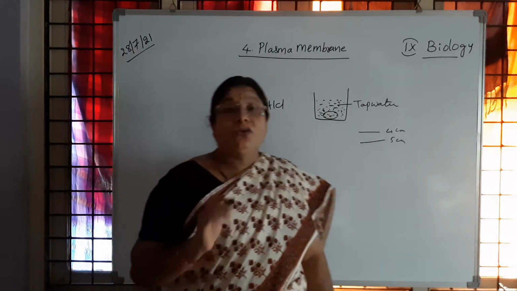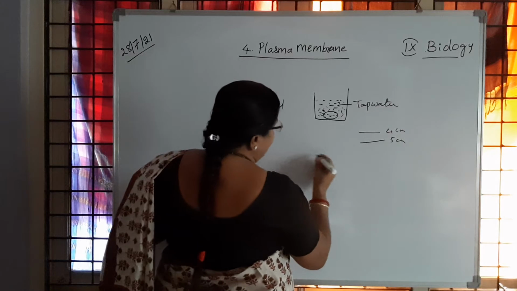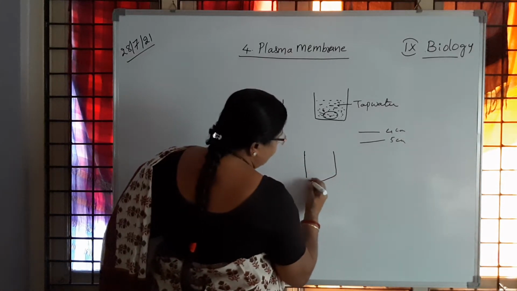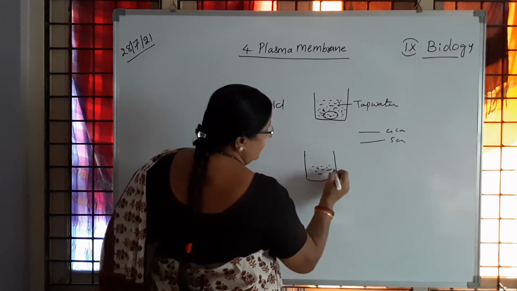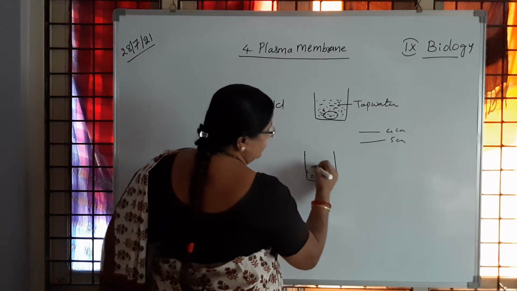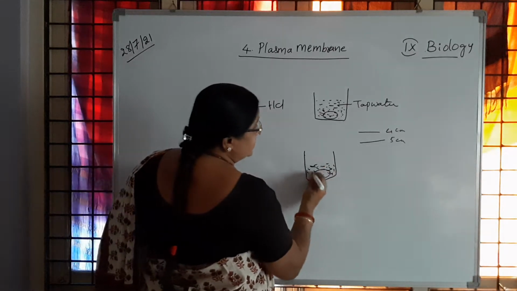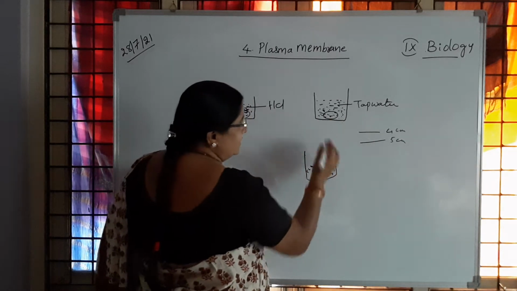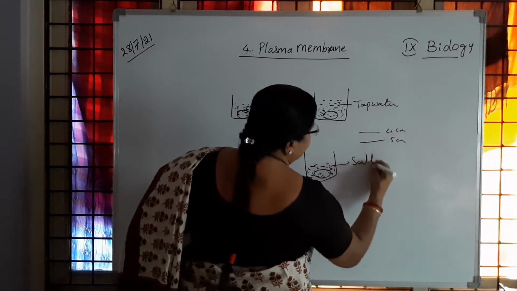Now you take that same egg and keep it in a beaker containing salt solution. Is it clear to you? The egg which was already used in the first activity is now kept in the salt solution.